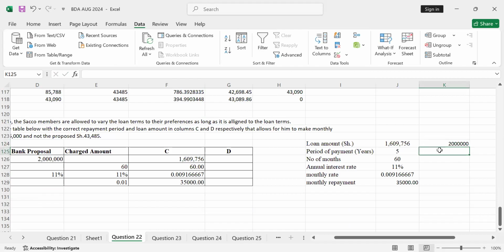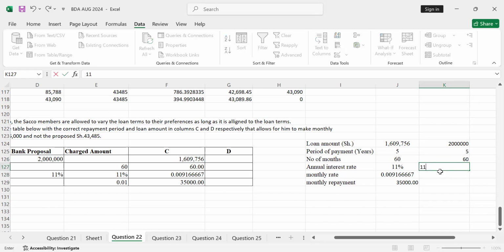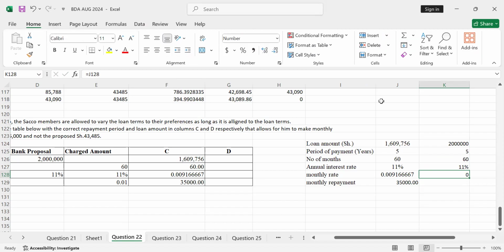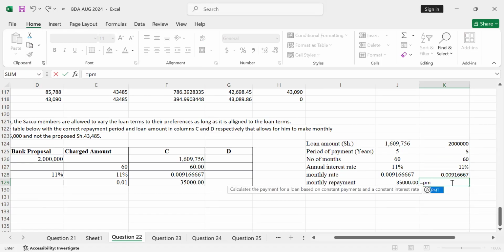And again, this was 5 years. This is also 60. This is 11%. The interest rate is not changing. Now our installment payment will be PMT, the negative.